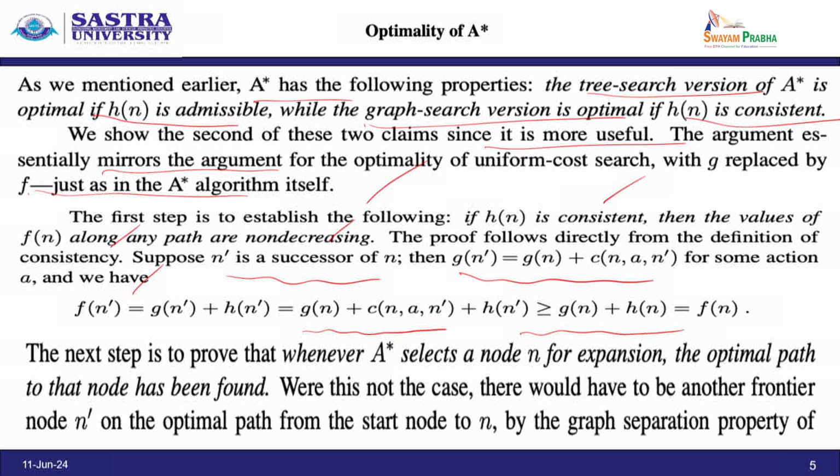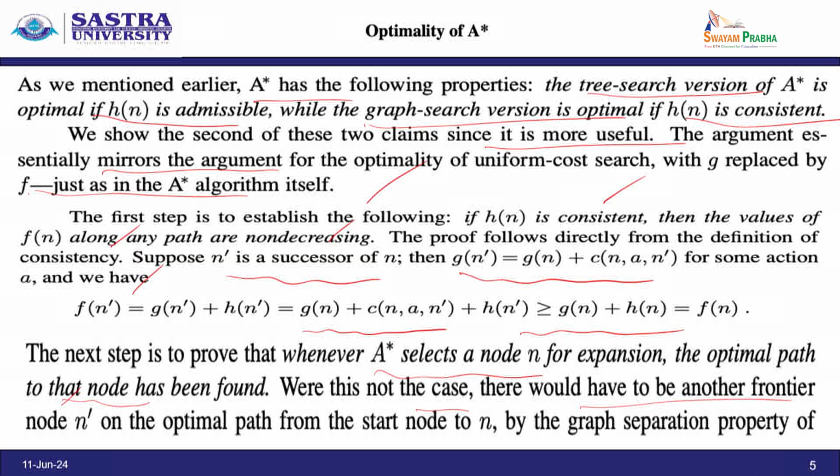So, the next step is to prove that whenever A star selects a node n for expansion, the optimal path to that node has been found. Were this not the case, there would have been another frontier node n dash on the optimal path from the start node to n.